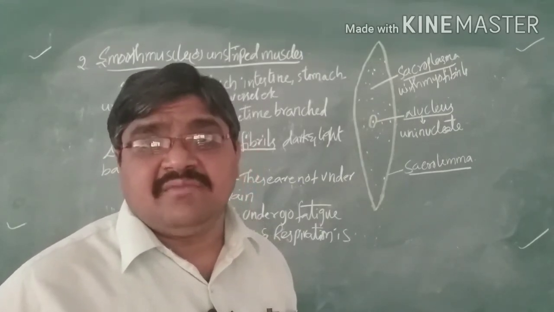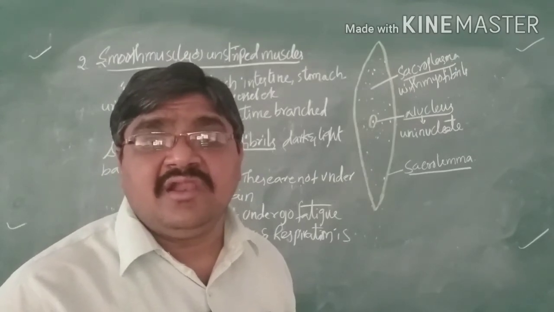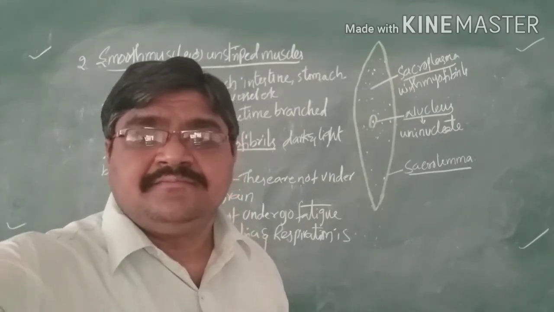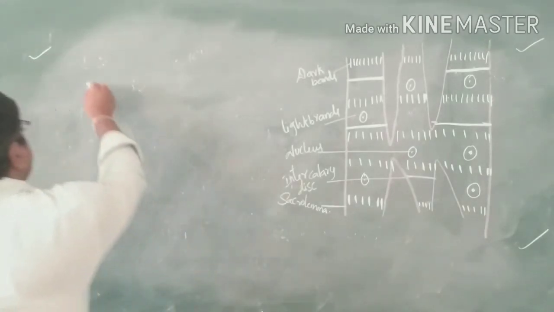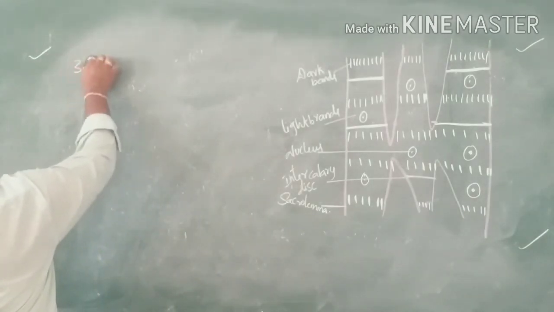Now coming to the third type, the cardiac muscles, which are striped with an involuntary nature.